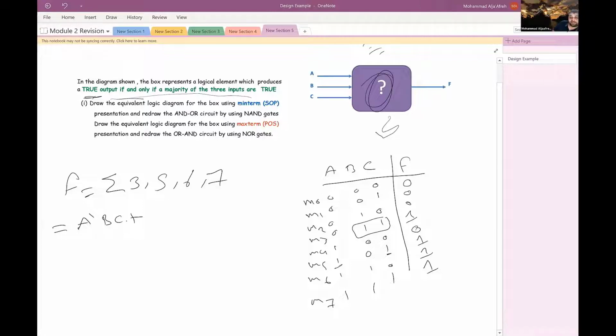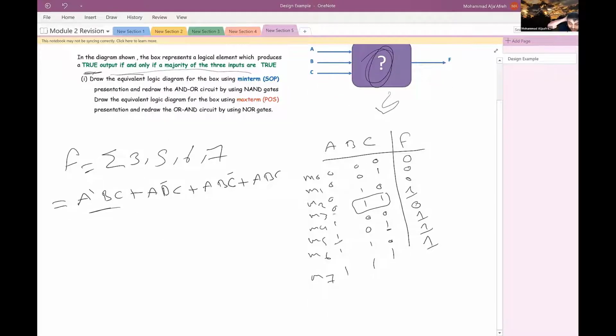It's going to be 16 possibilities and the same principle. A, B, C, plus A, B prime, C, plus A, B, C prime, plus A, B, C. This one is the code for the 3. Look at this. At the 3, A is in its 0 format, because we're doing here a sum of product. And B and C are at 1, so they are the true format.